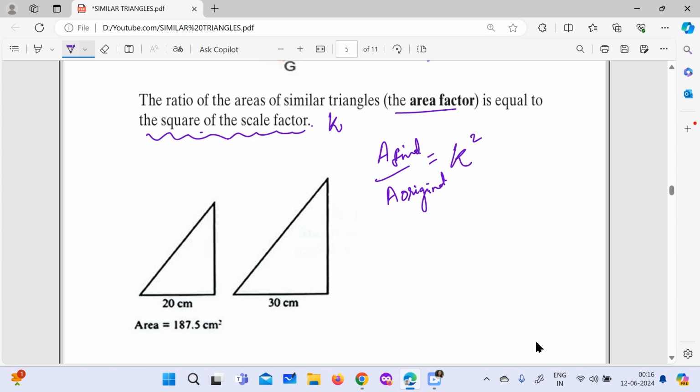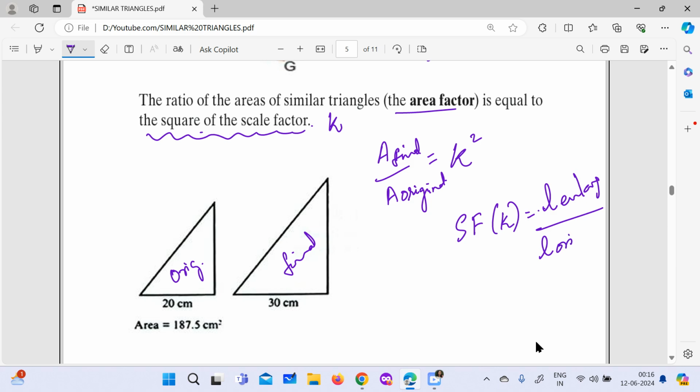We studied earlier the scale factor k, which is equal to the length of the final triangle, generally the enlarged one, upon the length of the original.